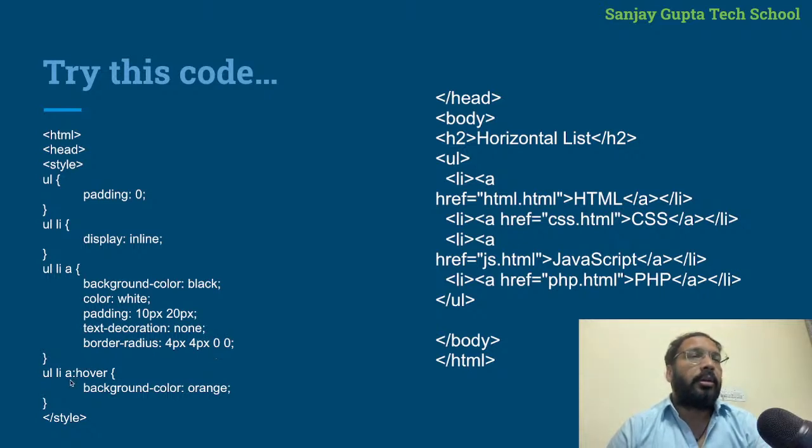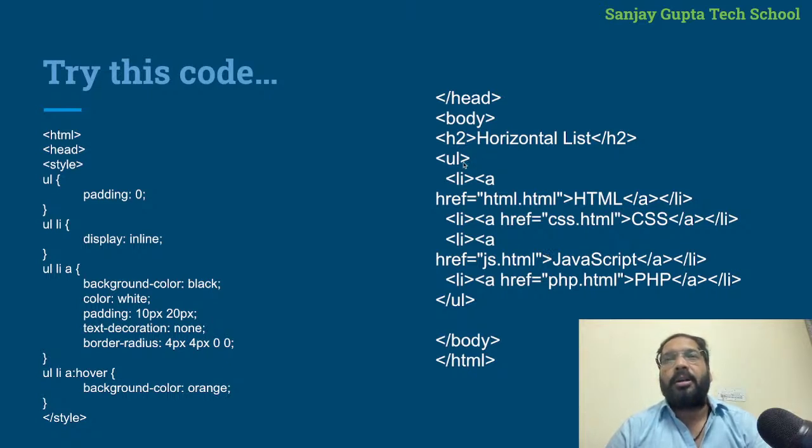And on the A element, if you hover, meaning if you take your mouse on that link, the background color will be changed to orange. Initially the background color will be black, but if you hover on that link, it will be changed to orange. And on the right-hand side you can see we have an H2 heading.